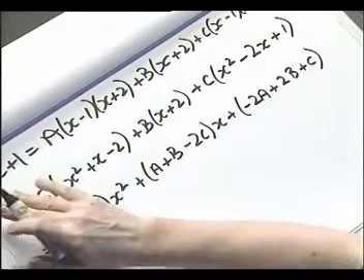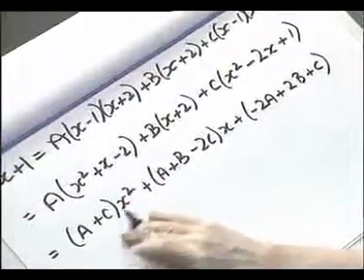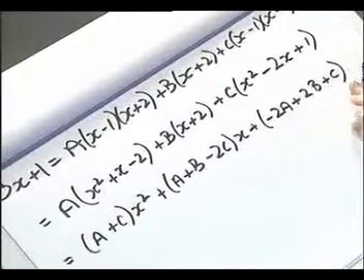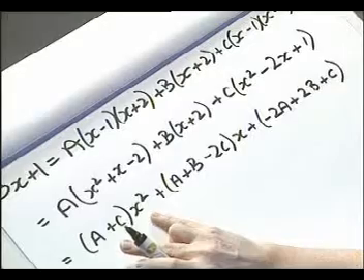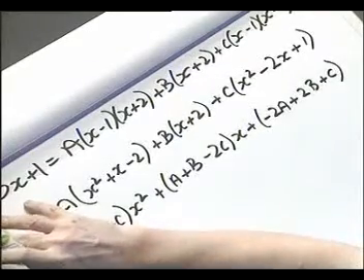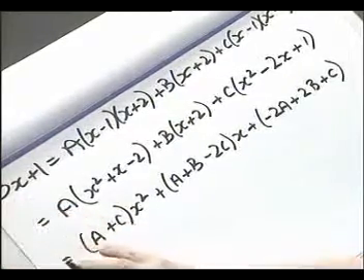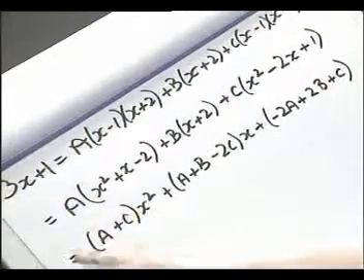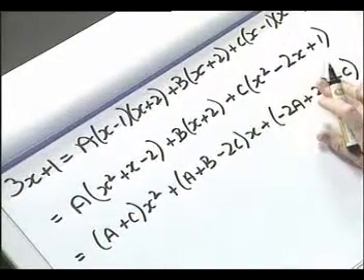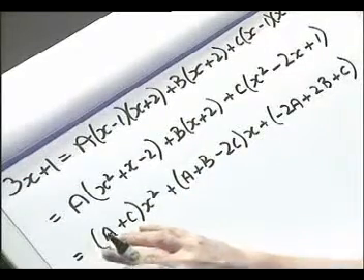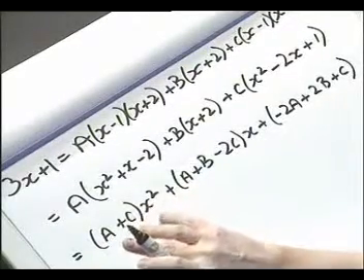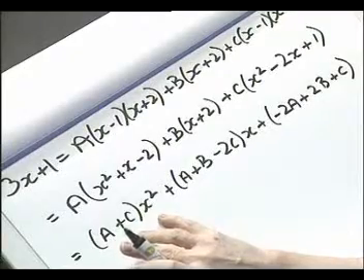Now, we have 3x plus 1 equals this line. But in this line we have a term in x squared. 3x plus 1 doesn't have anything in x squared. But this is an identity. It must be true for all values of x. And the only way that this can be true is for a plus c to be 0, so that x squared disappears on this side.